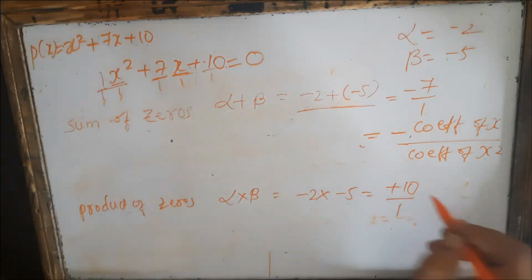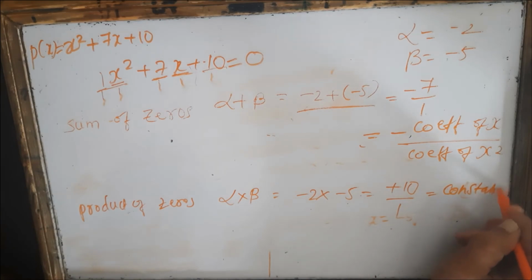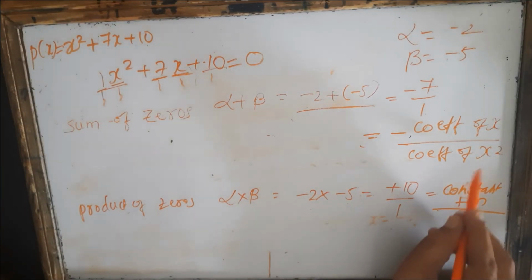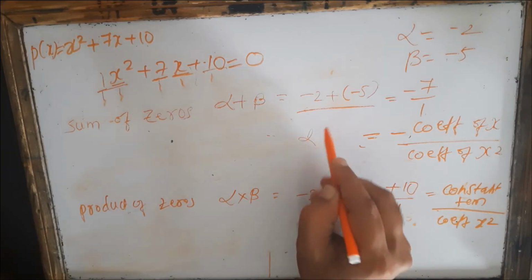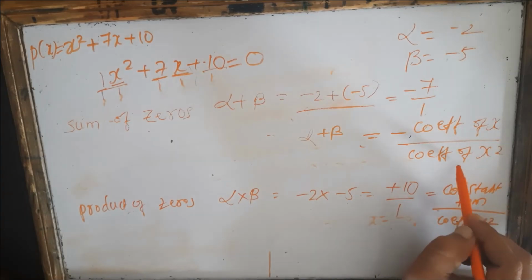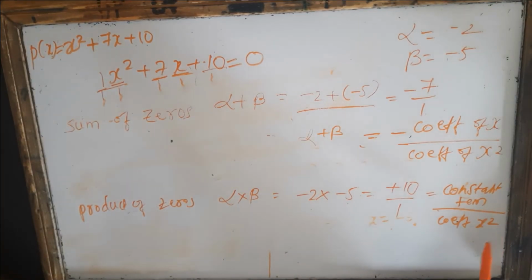Plus 10 means the constant term, divided by the coefficient of x square. So alpha plus beta is equal to minus coefficient of x divided by coefficient of x square. Alpha into beta is equal to the constant term divided by the coefficient of x square.